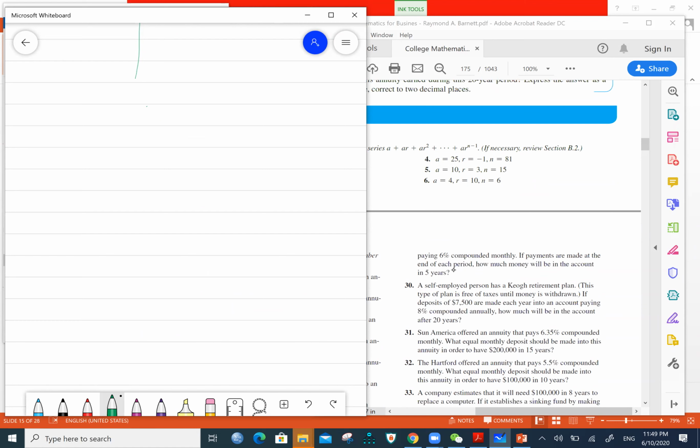He is depositing $7,500 every year for 20 years. How much will be in the account after 20 years? He will have a lump sum amount. So he is making a sequence of equal periodic payments of $7,500. This is an annuity, and after 20 years he will get a lump sum amount. So it is a problem of future value of annuity.